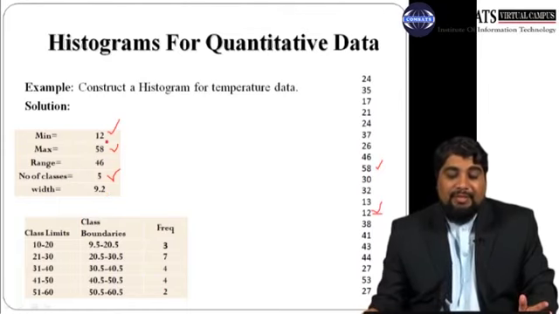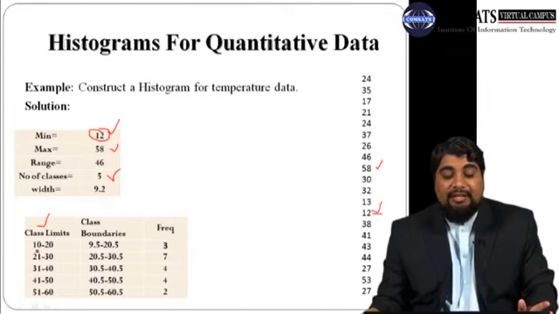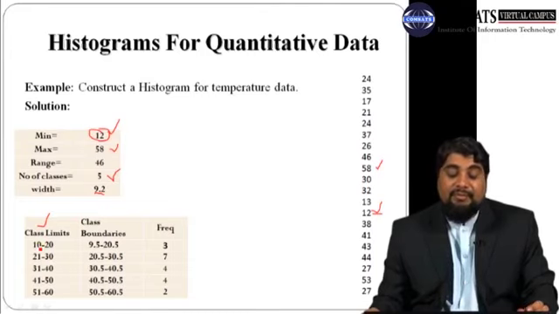Now the minimum number is 12. Let us construct a column and indicate this column as class limits. Start from 10 and, taking the width as approximately 10 units, 10 to 20, and next 21 to 30. You can even start at 11 as well.